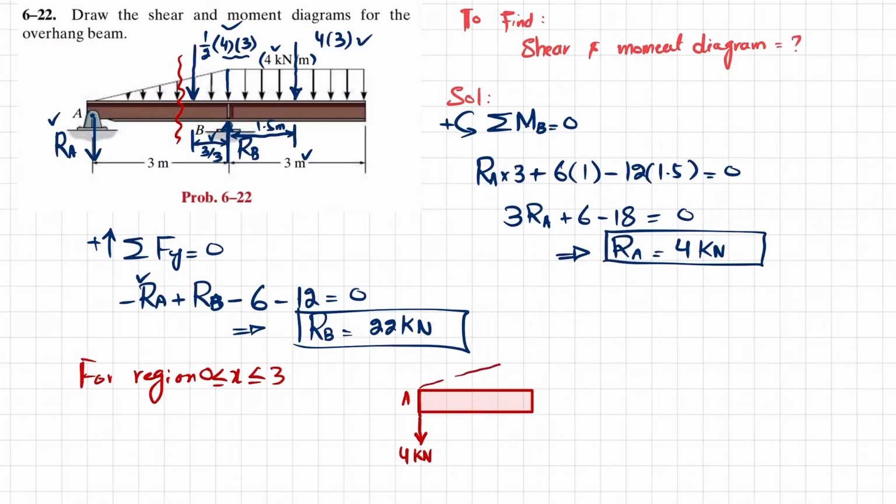Then you have a uniformly increasing load, and this distance is taken as x. When you cut the beam, there will be a shear force and an external moment, and this load is now 4 multiplied by x by 3, because at this point you have 4 kilonewton. So when you cut at a distance of x, this load will be 4 into x over 3. Clear?